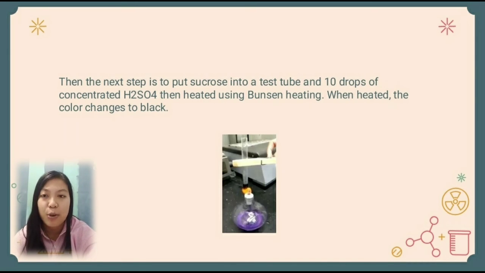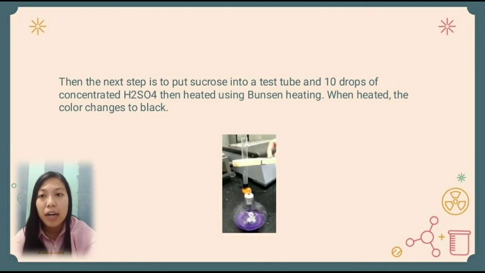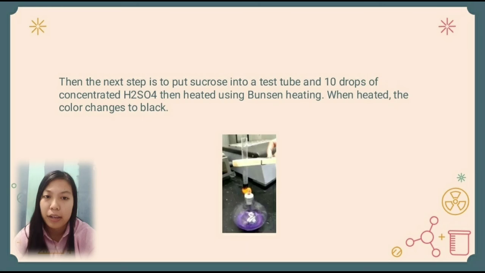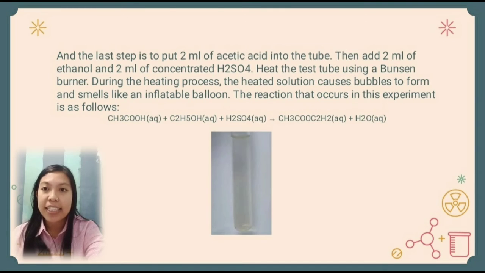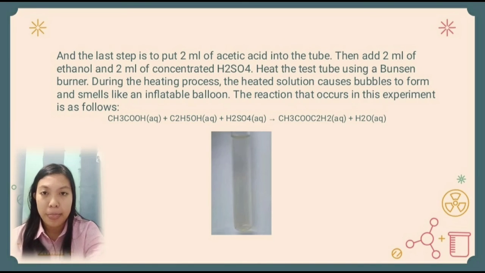And the next step is to put sucrose into a test tube and 10 drops of concentrated H2SO4, then heat using a Bunsen burner. When heated, the color changes to black. And the last step is to put 2 ml of acetic acid into the tube. Then add 2 ml of ethanol and 2 ml of concentrated H2SO4.